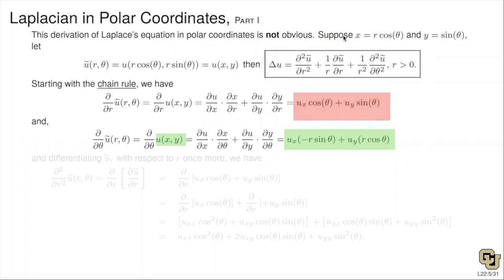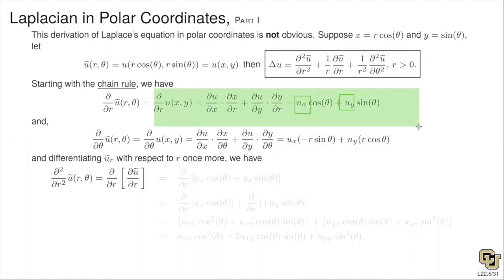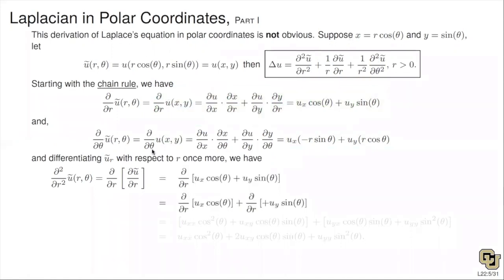Now we can find a second derivative of u tilde, keeping in mind that this part u_x here is a function of x and y. So this formula that we developed, we use iteratively when we do the second derivative.